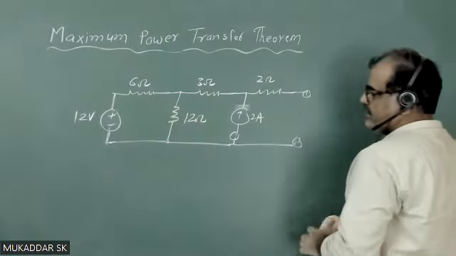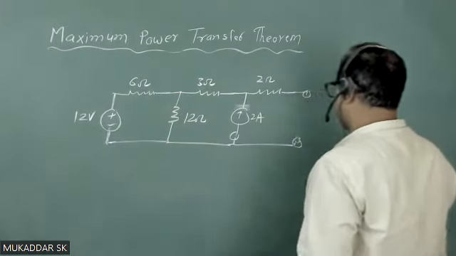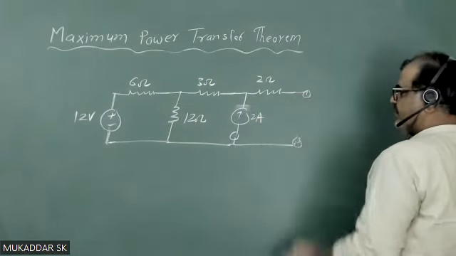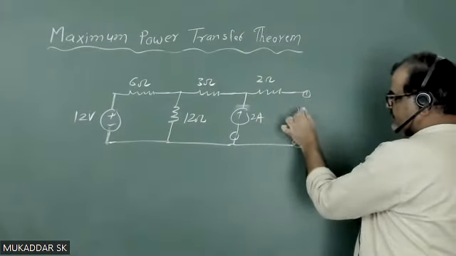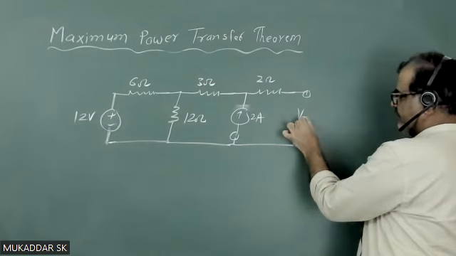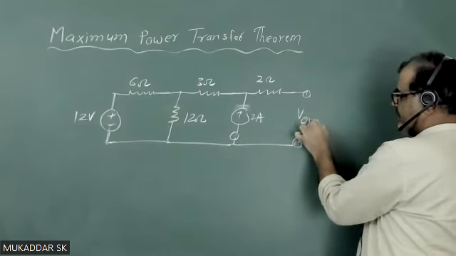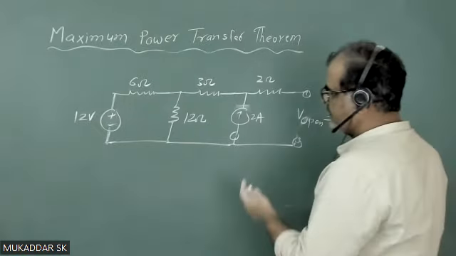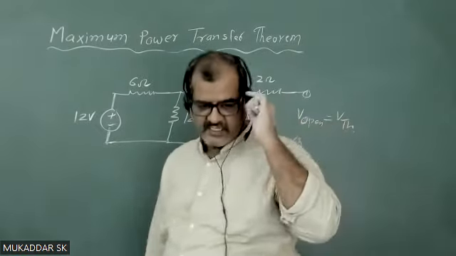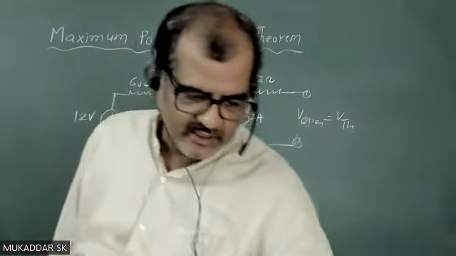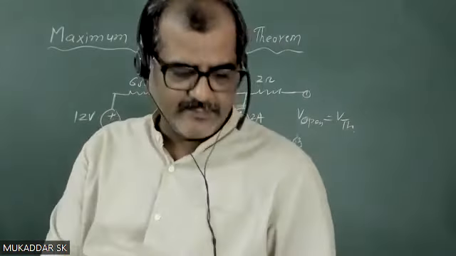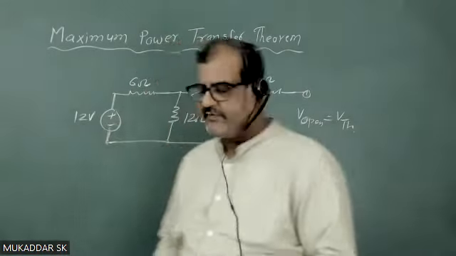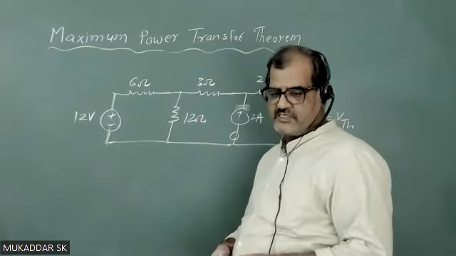V Thevenin is nothing but the open voltage across this terminal. Okay, say this is V open, which will be equal to my V Thevenin. Okay, now there are many methods we have discussed to calculate voltage in a circuit. So I am solving this by the superposition principle.